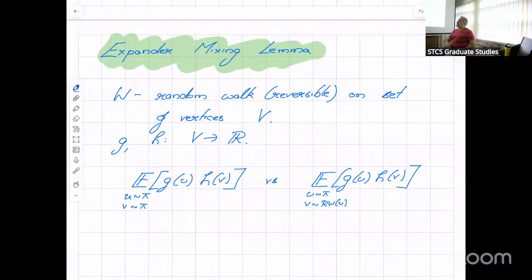So here I am picking two vertices at random; here I'm picking an edge at random. And I'm asking, do these two expectations differ? It is the expectation of the same quantity but under different distributions. This is what we want to understand.